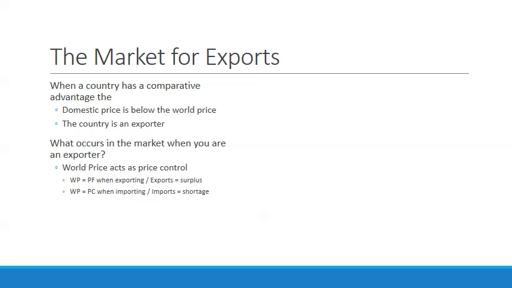World price equals a price ceiling when importing, and the imports look much like a shortage in the sense that when the world price is lower than equilibrium, firms can't produce as much. And so the deficit between quantity demanded and quantity supplied is made up by importing into the United States.